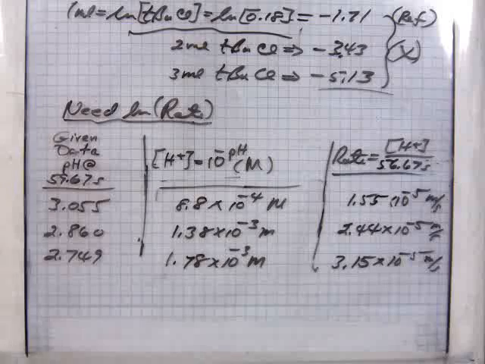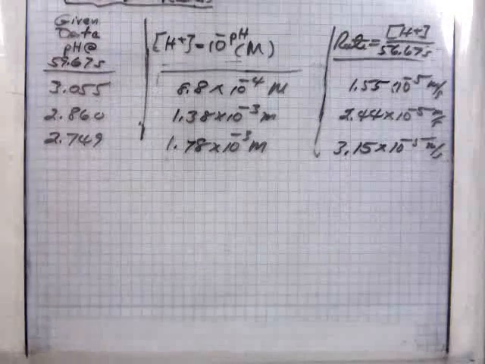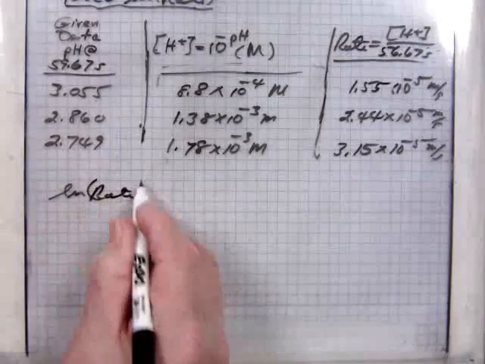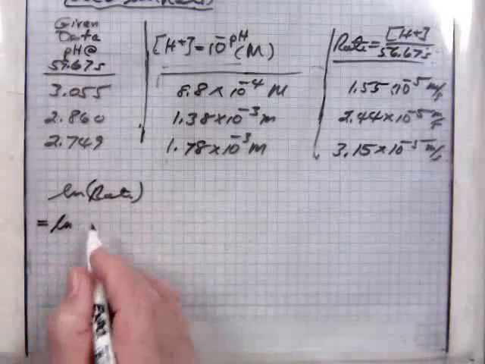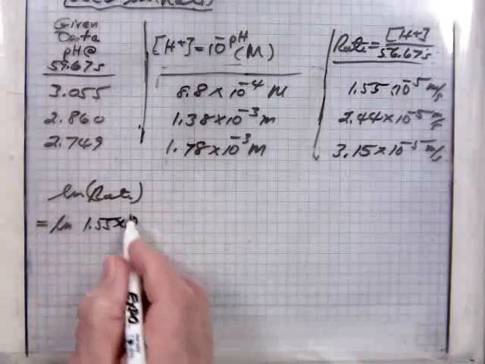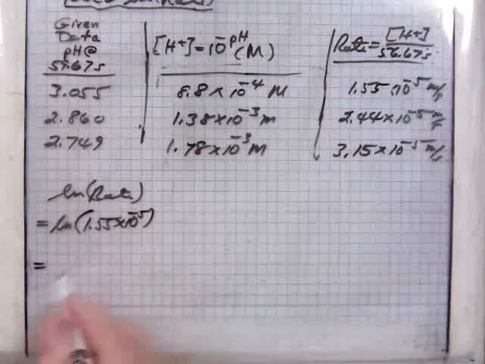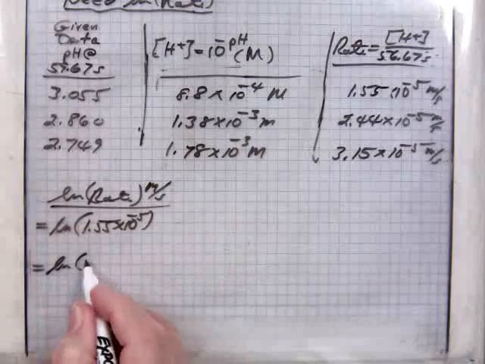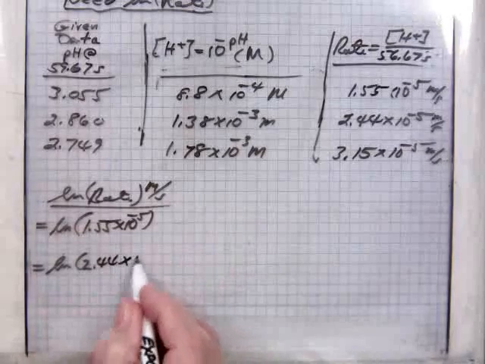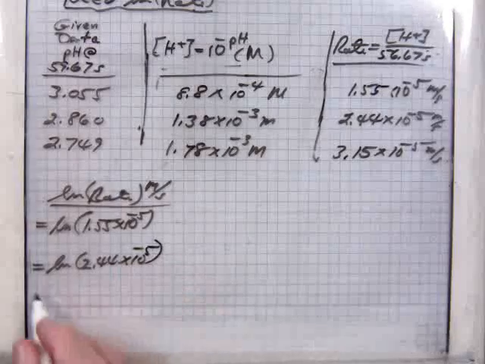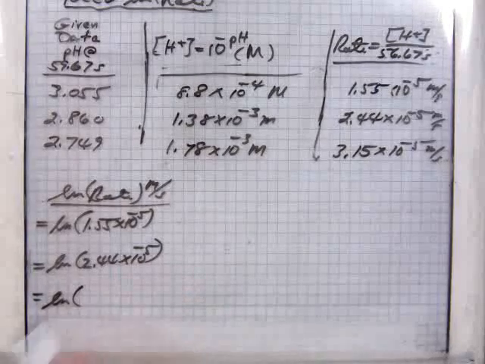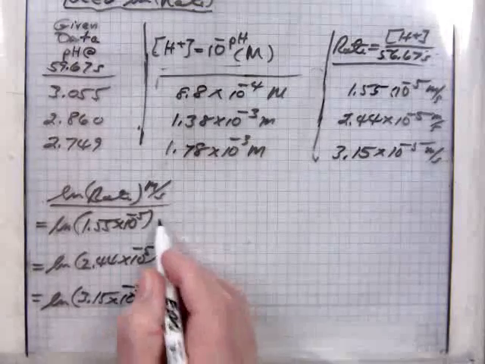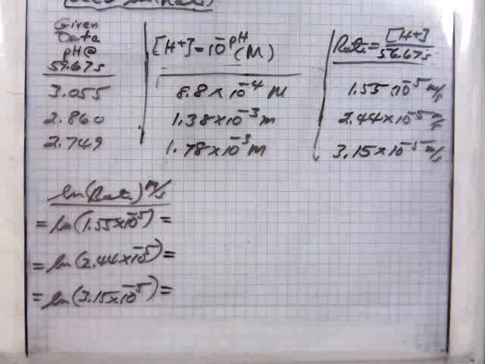So what we need to do is convert these into ln of rate, which is ln of 1.55 times 10 to the minus 5. They're all still in molar per second. And then ln of 2.44 times 10 to the minus 5. And this one's ln of 3.15 times 10 to the minus 5 molar per second. And so we get three numbers out of this.